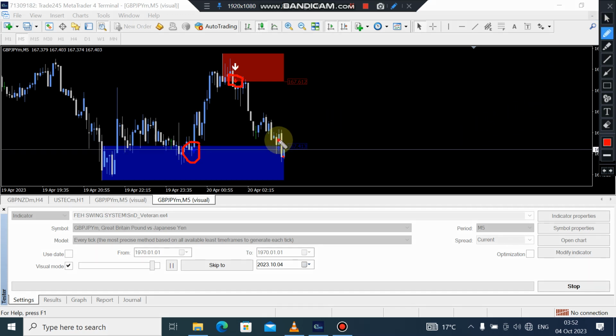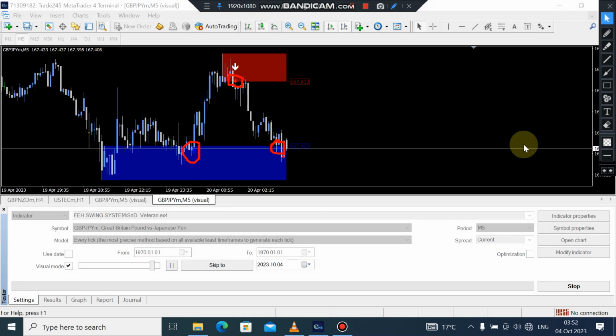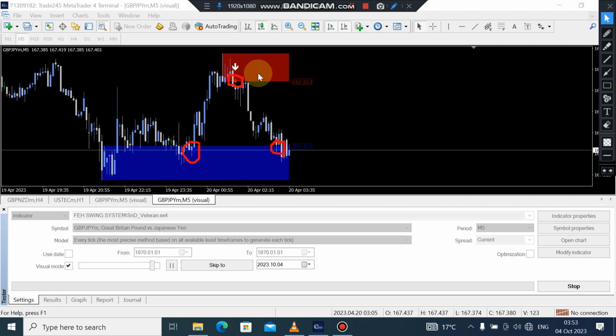Look here, the arrow has appeared and it does not disappear. It does not repaint, because this arrow is a supply and demand arrow. When it appears at a demand zone, it gives you a buy signal, and when it appears at a supply zone, it gives you a sell signal.